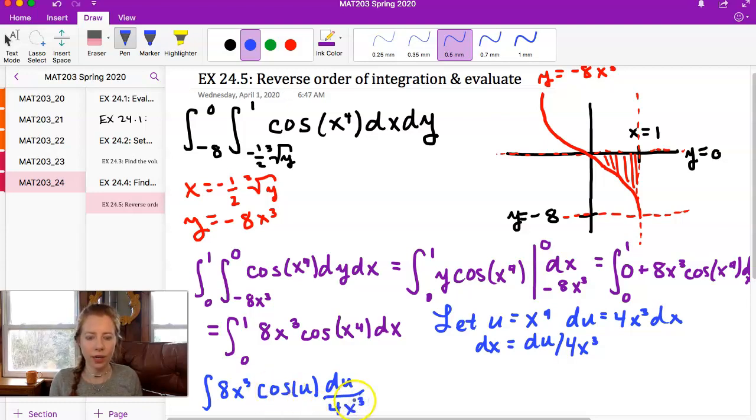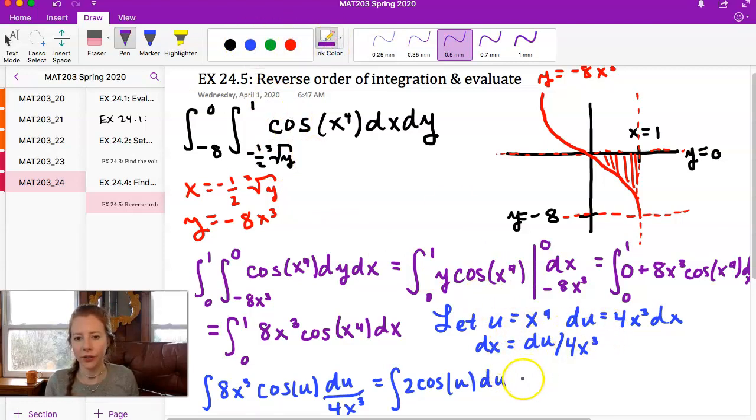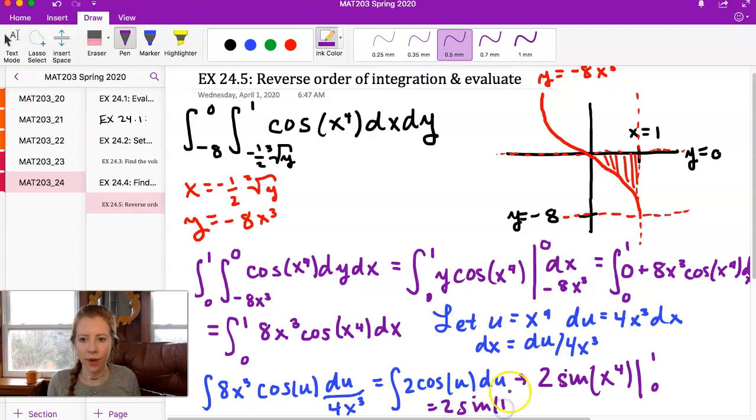So the x cubes will cancel out and we'll end up with 8 over 4, which is just 2. And so we get the integral of 2 cosine u du. Let's evaluate that. That's going to be 2 sine u, which is x to the fourth, evaluated from 0 to 1, which is just going to give us 2 sine of 1 minus 0, which is about 1.683.